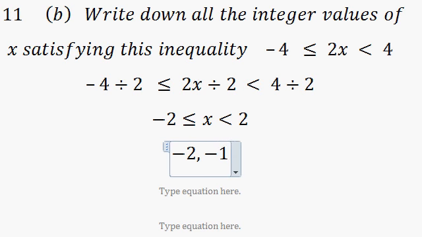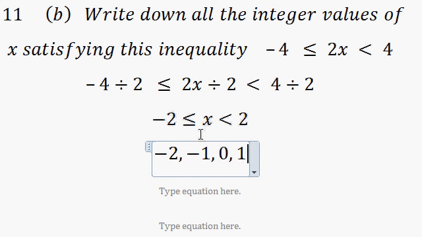Now minus 1, because this part of the sign, the arrow pointing left, means less than. So what number is more than minus 2? A whole number? Well, the next whole number is minus 1. The next integer after that is 0. The next integer after that is 1.